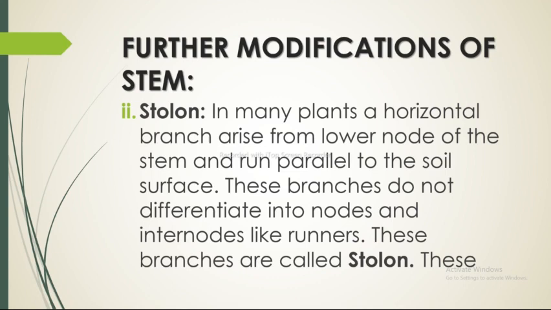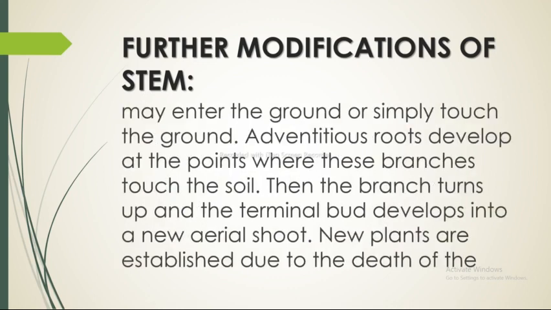So the next type is the stolon. In many plants, a horizontal branch arises from the lower node of the stem and runs parallel to the soil surface, and these branches do not differentiate into nodes and internodes like runners. These branches are called stolons, and these may enter the ground or simply touch the ground.